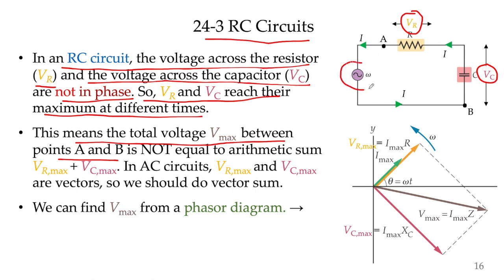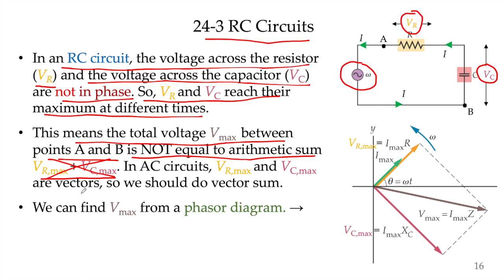But this is an AC circuit. So in AC circuits, the total voltage between A and B is not equal to the arithmetic sum of VR and VC. You cannot do this. This is wrong. This is not going to give you the voltage between A and B. In AC circuits, VR and VC are vectors.